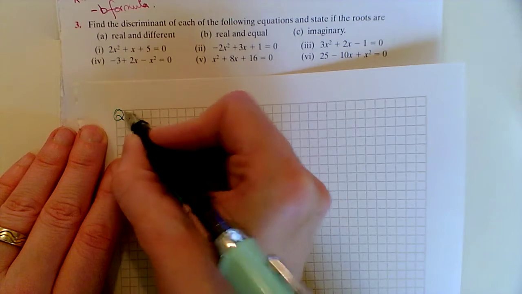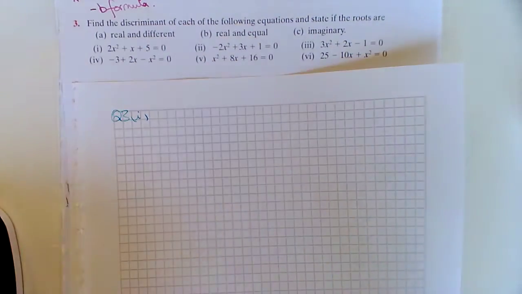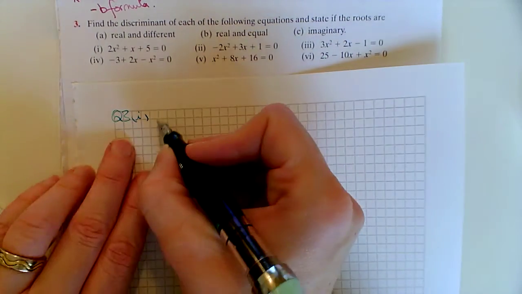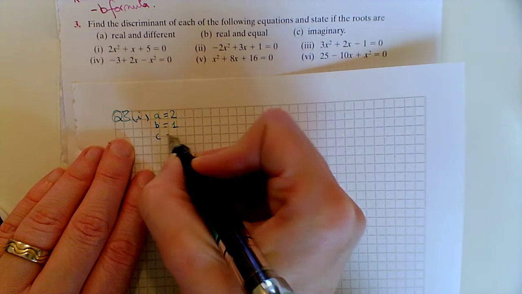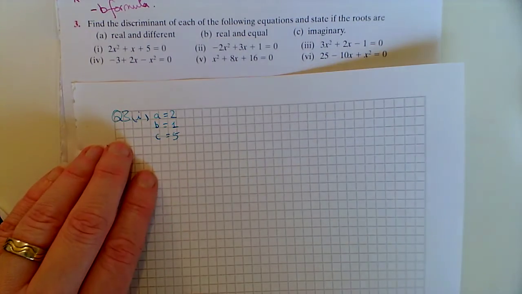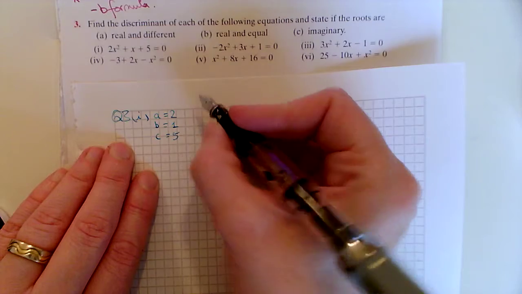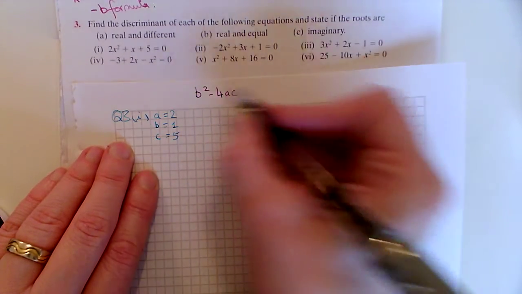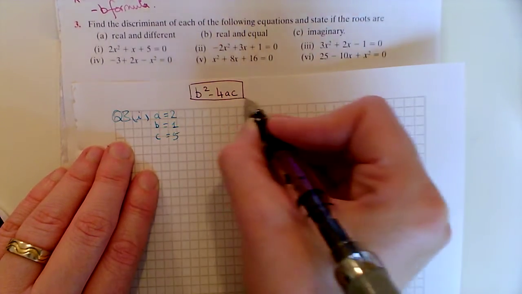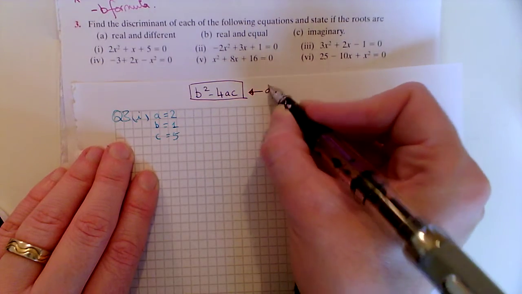So 3, part 1, a is 2, b is 1, and c is 5. And then we fill in b squared minus 4ac without the square root. Without the square root, this is the discriminant.